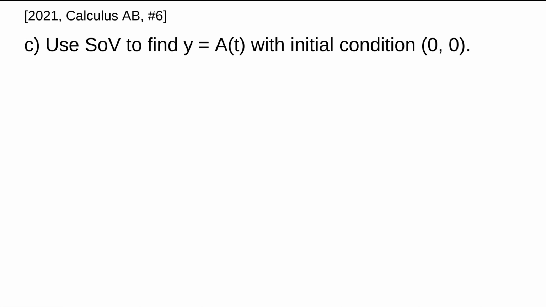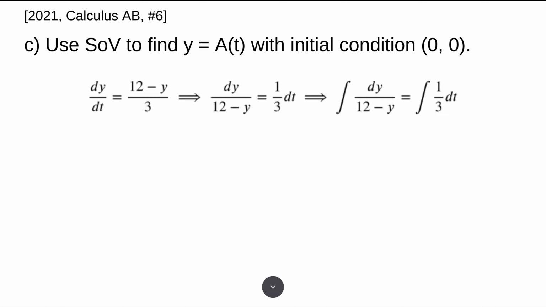In part C of this question, we are asked to use separation of variables to find the function y equals A of t with the initial condition (0, 0). Using separation of variables and the given differential equation, dy/dt is equal to (12 minus y) over 3.